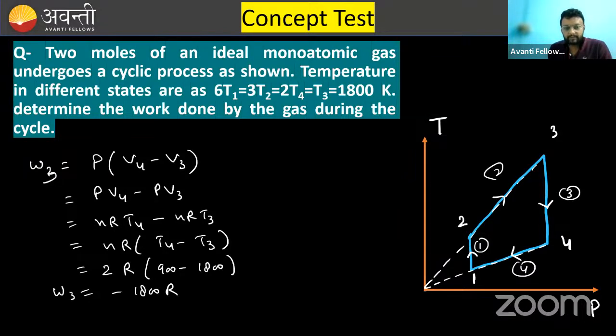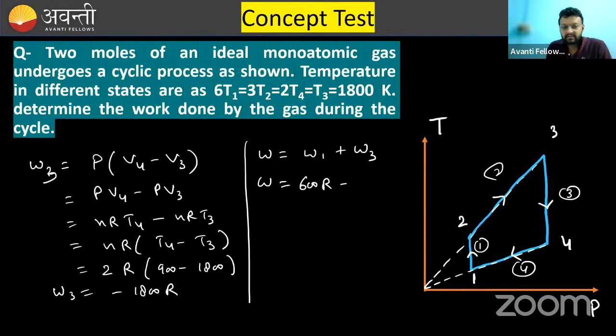This is W3. So the total work done is what? W1 plus W3. W2 and W4 were 0. So total work done is what? W1 is what we have calculated, 600R. This is minus 1800R.